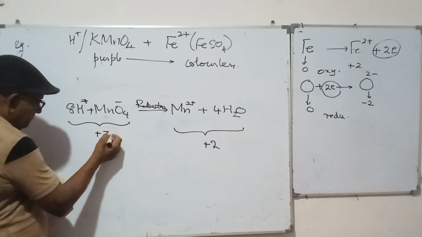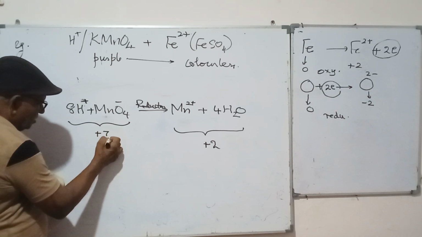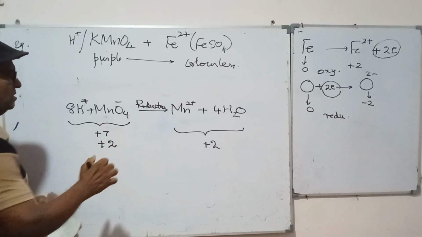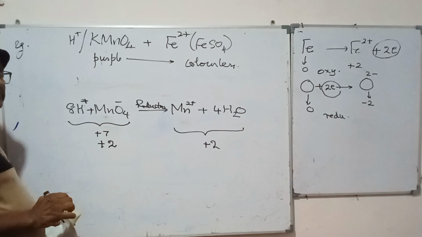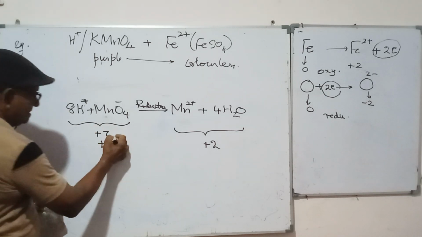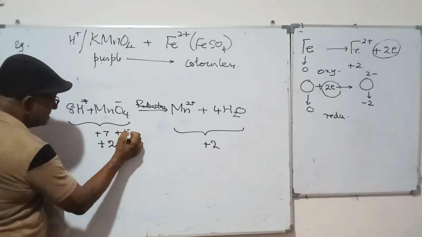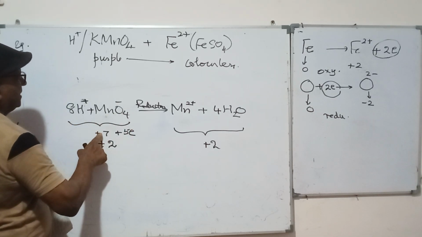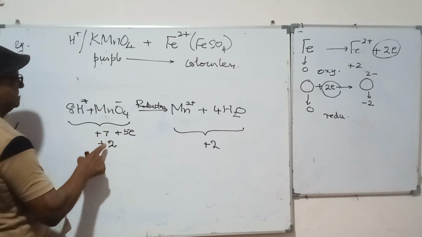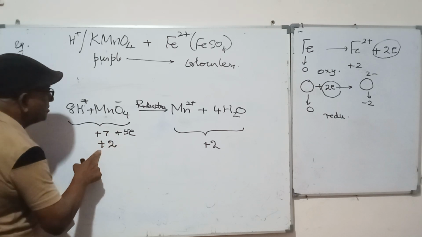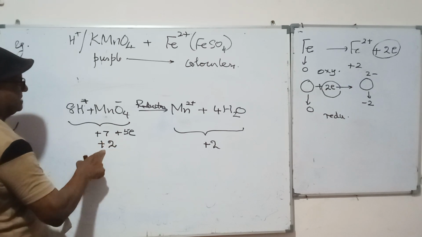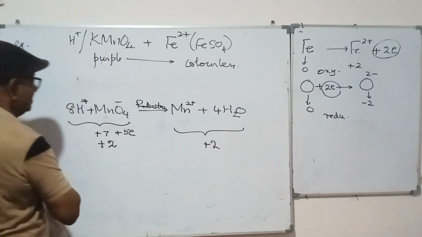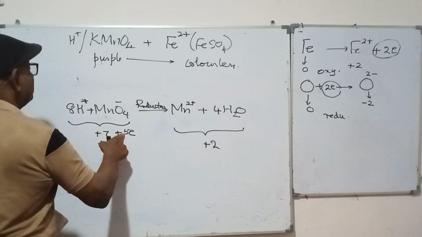If we decrease plus 7 to plus 2, it is balanced. This can be done by adding 5 electrons. 5 electrons cancel out with 5 protons, remaining 2 protons, so it becomes plus 2. Then both sides have plus 2, plus 2. How? With the addition of 5 electrons.